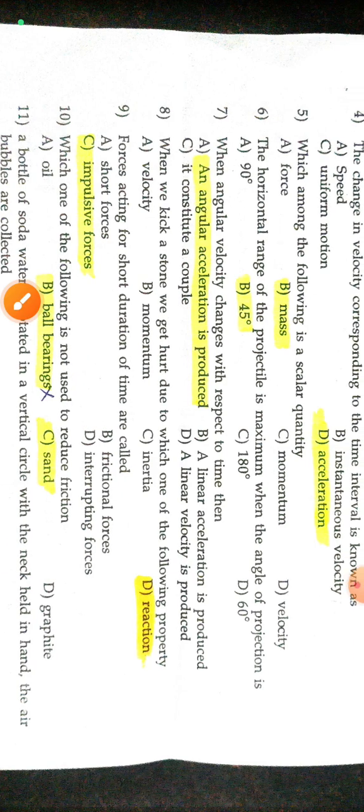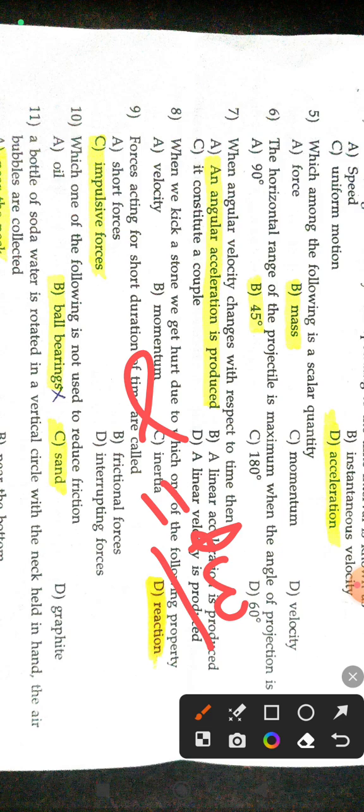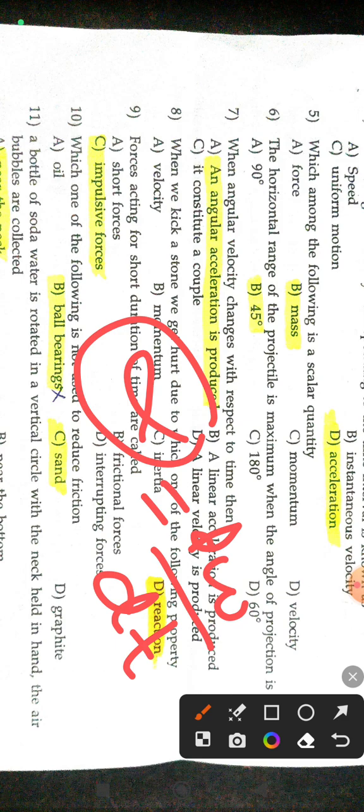Angular acceleration is denoted as alpha. Alpha is equal to change in angular velocity, denoted as omega, divided by change in time. This will give the angular acceleration. So angular acceleration will be produced here, right?